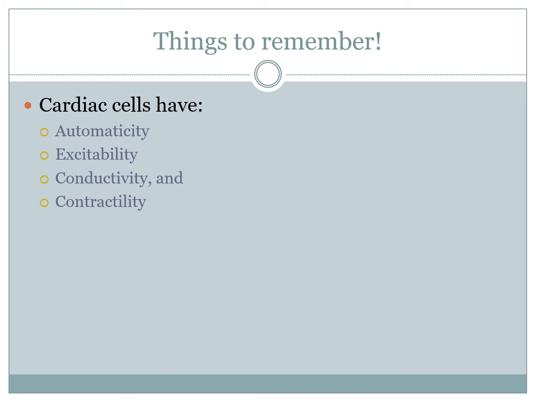Now the main ones that we look at when we're looking at axis deviation are their excitability and their conductility. Now what that means is they have the ability to generate an action potential, and with that ability they also have the unique structures to pass on that action potential to all the surrounding cardiac cells.